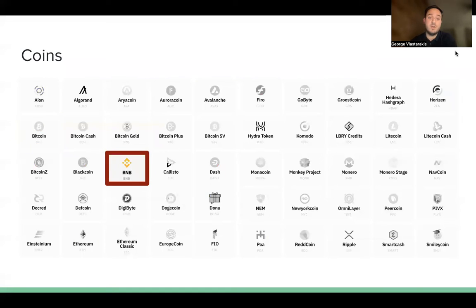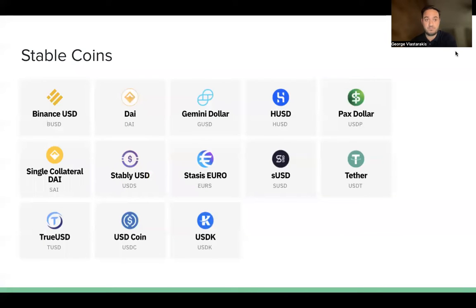But we can also see, for example, Binance coin, which is a coin that relates to the crypto exchange Binance, and its inherent value is that it enables a bunch of transactions within that exchange ecosystem. And we will look further into what a crypto exchange really entails shortly.